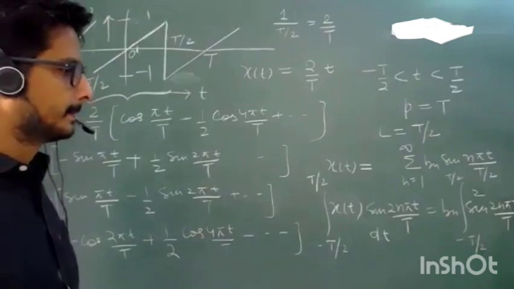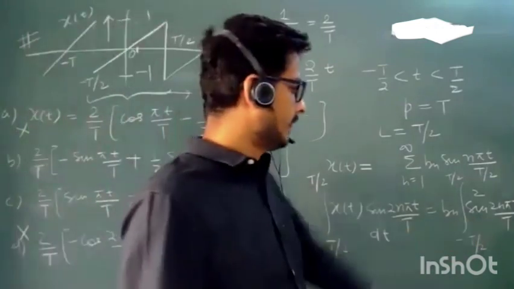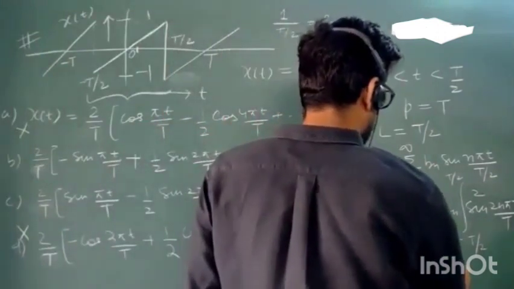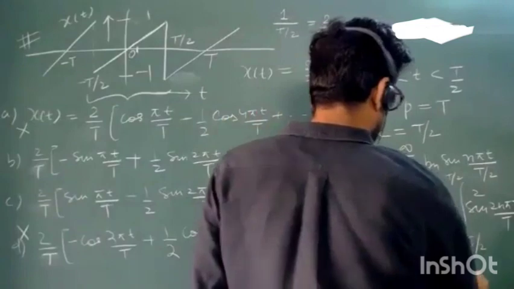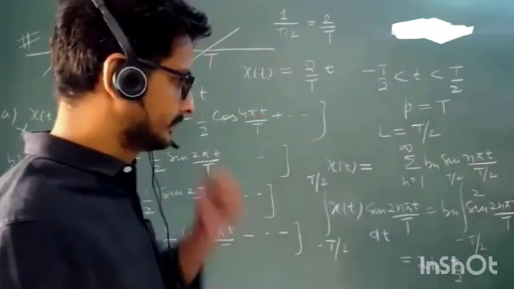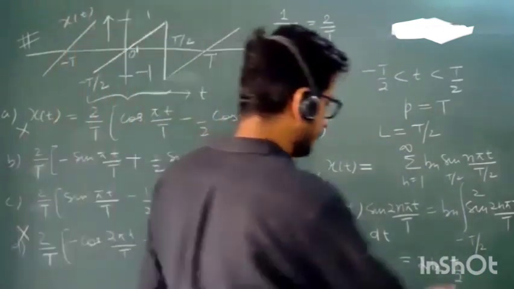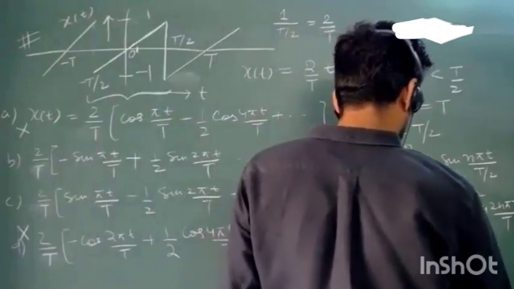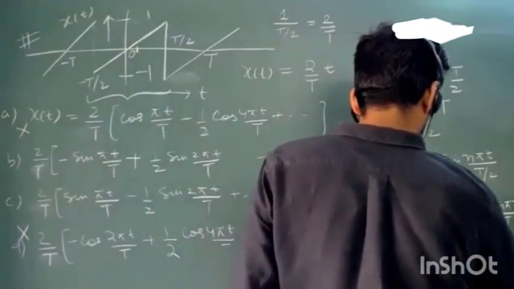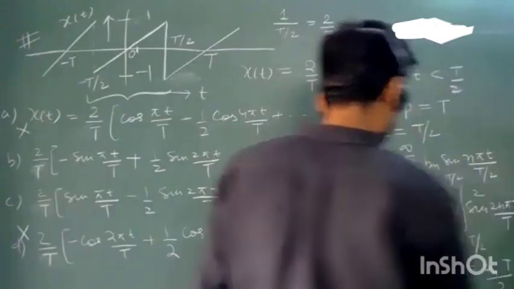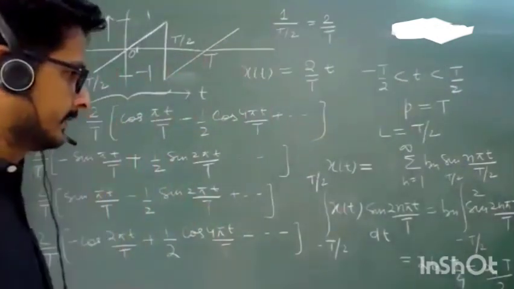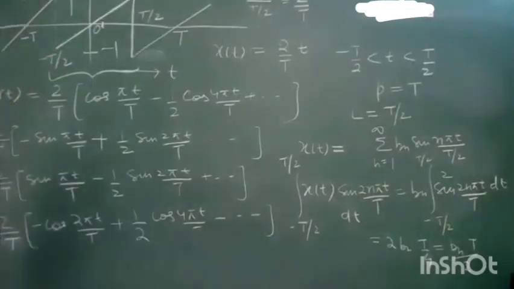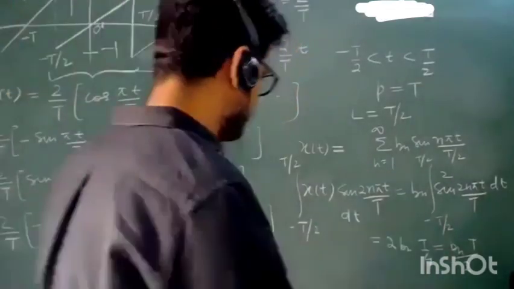Okay, so on this side what will be the value? 2 times Bn into t by 4, so it will become Bn into t by 2. Correct? So what will be the value of Bn now?